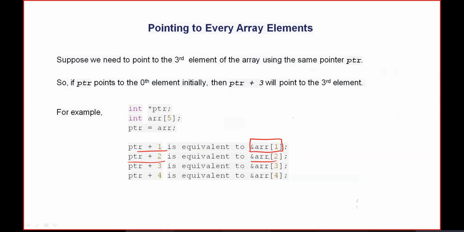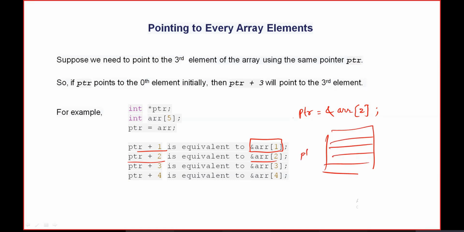The thing is that we can perform any sort of movement. Either we can increment or we can even decrement if we want. So suppose instead of initializing ptr with the zeroth element, I tried to initialize it with the second element. So naturally, in the memory map, let us say ptr is now pointing at the second element, 0, 1, 2, 3, and 4. Right?